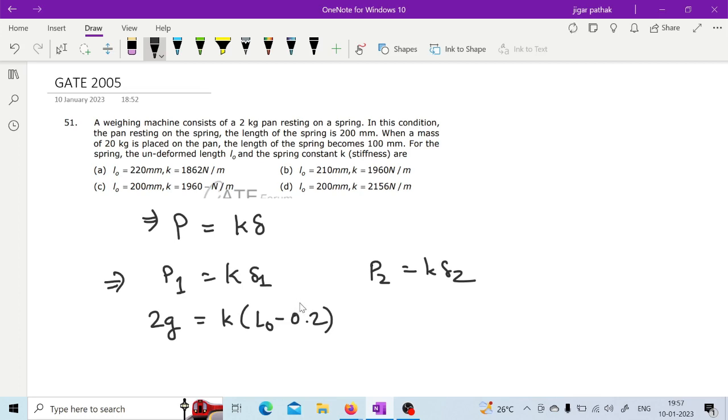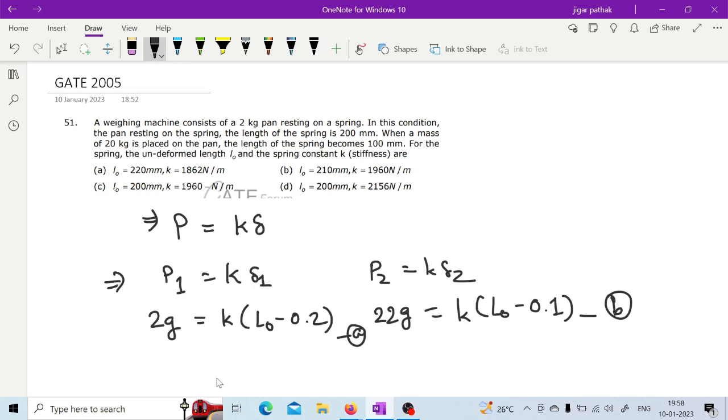Similarly for 20 kg, the load is m into g, so the deflection will be L0 minus 0.1. If you solve equations A and B, you will get K and L0. So P2 is 22 g, sir, yes, plus the pan mass. Okay, yeah, sorry. So in case of P2, it is 22 g.